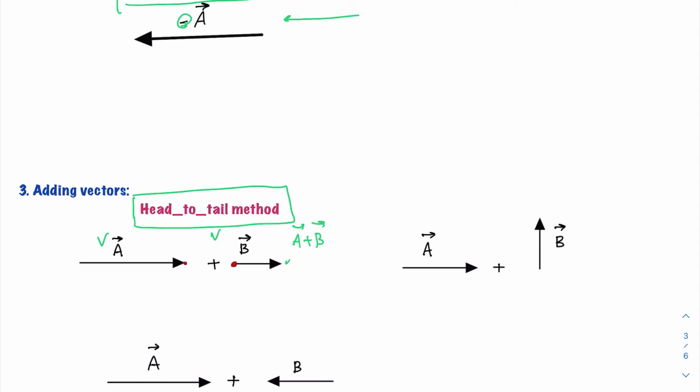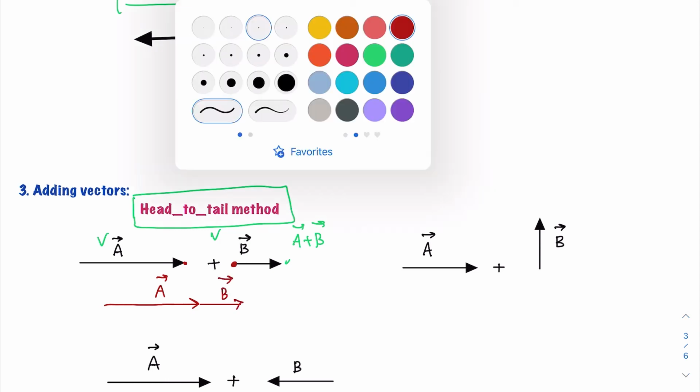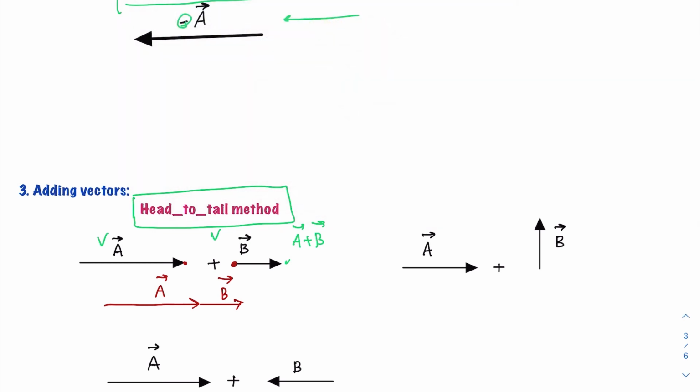So it will be like that, because head to tail, head of A, this is vector A, and this is my vector B. Then, if we look carefully now, we have one tail and we have one head.